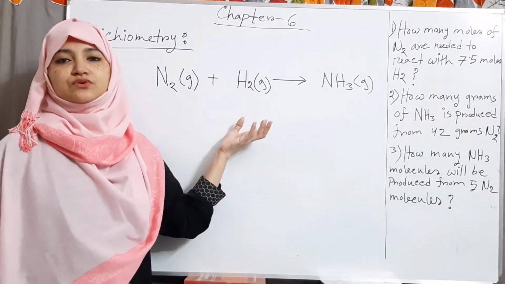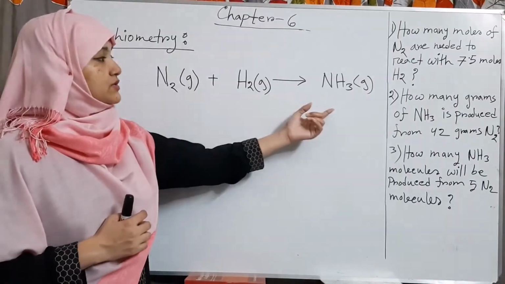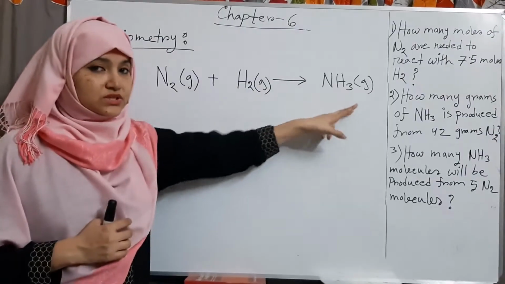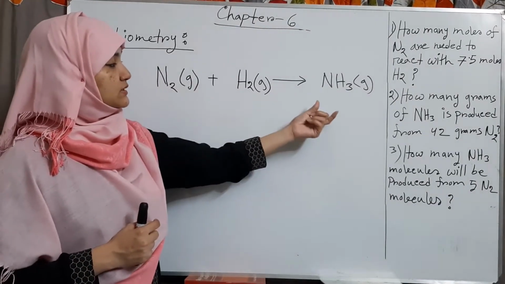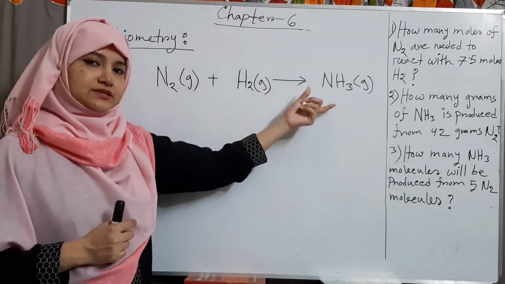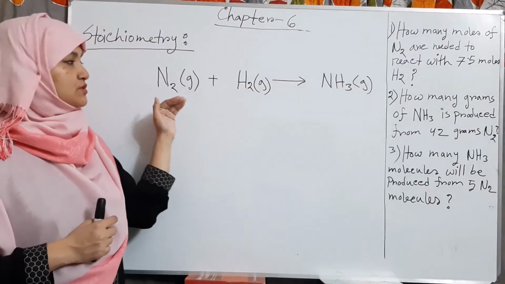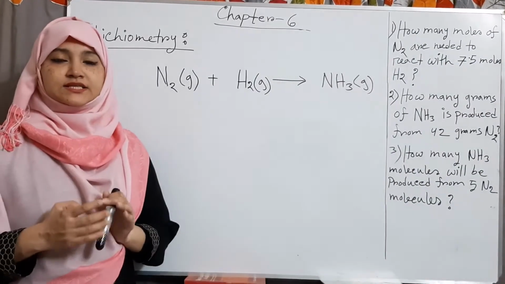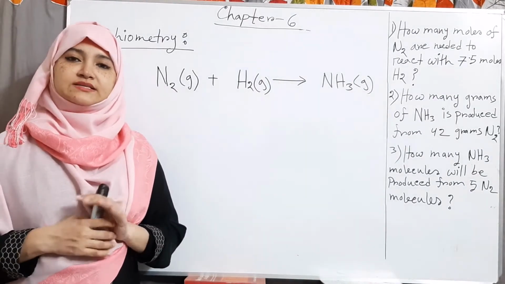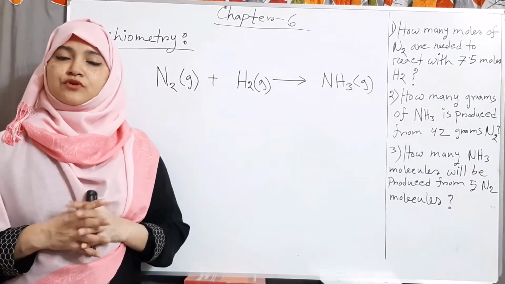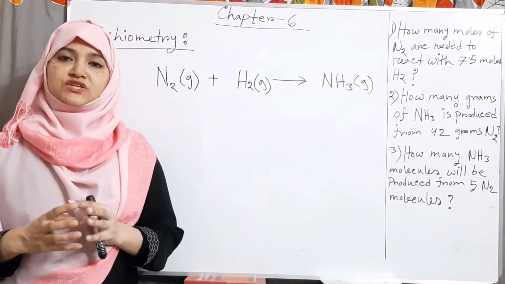That means it follows conservation of mass. When writing a chemical reaction as a chemical equation, the number of atoms of each element has to be exactly the same on both the product side and the reactant side. This is known as equation balancing, and for stoichiometry, the balancing of a chemical equation is very important.